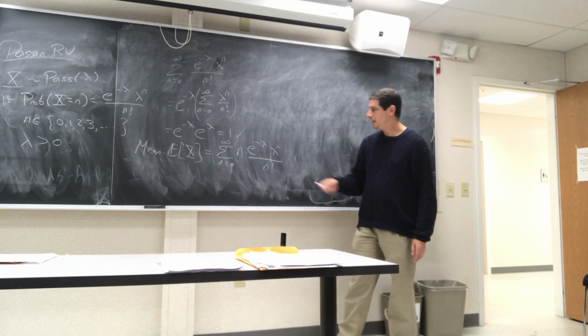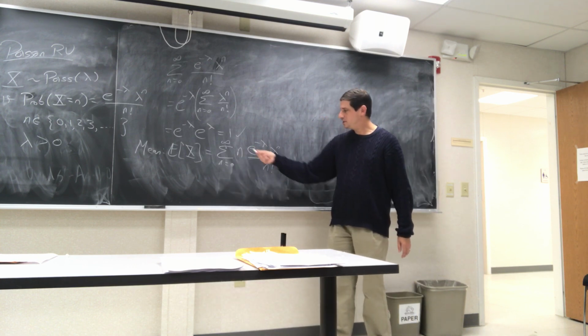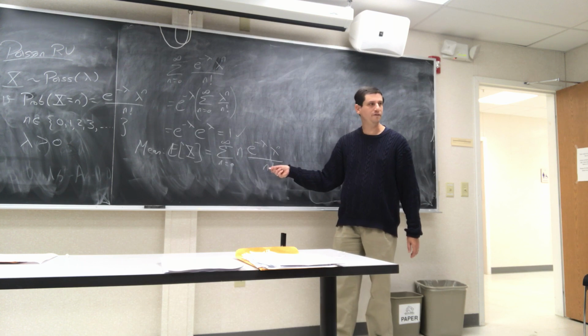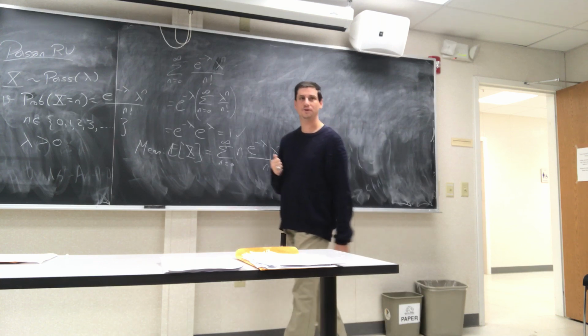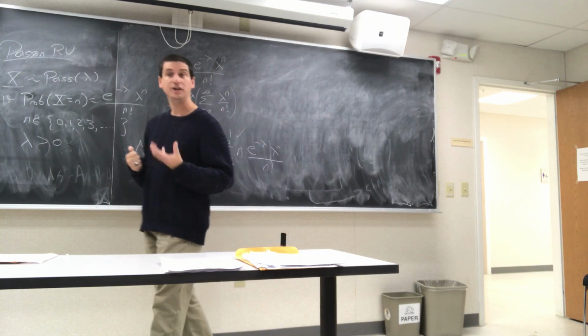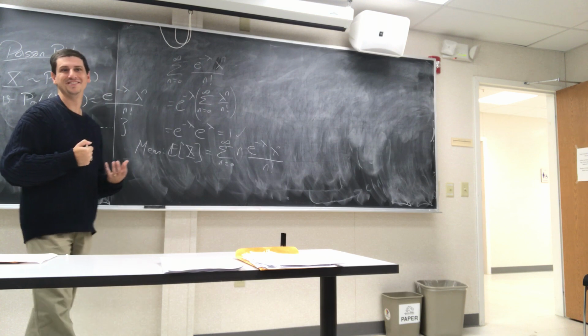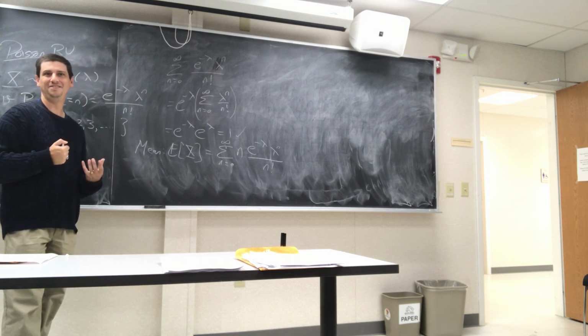You could cancel the n and try to shift the indices. Yeah, I could try to cancel the n. So if I cancel the n, I would have an n minus 1 factorial. I'm not really happy about that when I start off with 0, because I would have negative 1 factorial. Negative 1 factorial equals infinity.